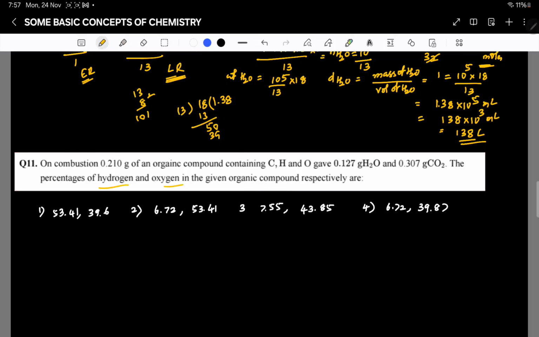Okay, we will apply the same concept, student, the Lipschitz method. So I will go directly: percentage of carbon is equal to 12 divided by 44 into the weight of CO2, given as 0.30, which I am taking as the closest value, and the weight is given as 0.21, into 100.